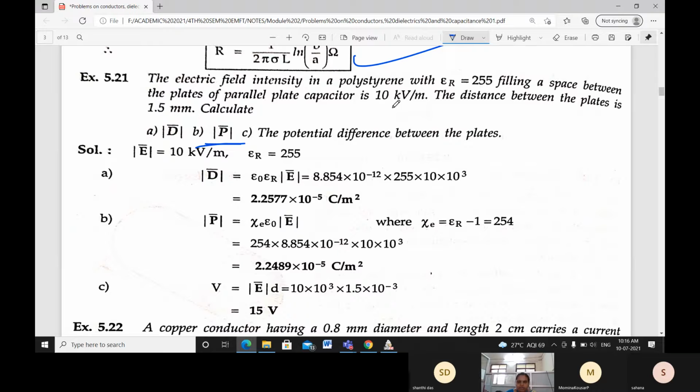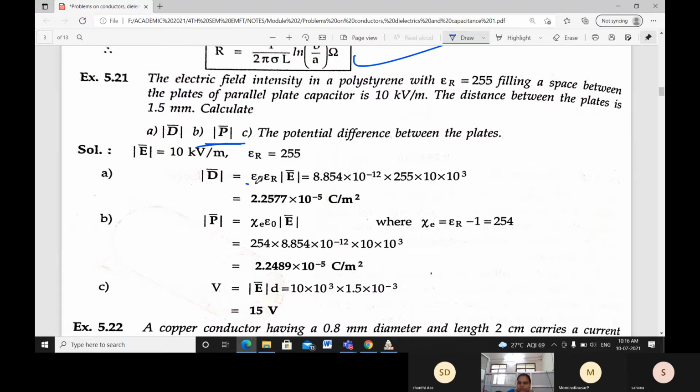Therefore, what are the given parameters in this case? They gave the electric field intensity. Flux density is easy to find. Our D is going to be epsilon naught epsilon into E, but here it is in a medium, so epsilon naught into epsilon R into E. They already gave the magnitude of E, here it is 10 into 10 raised to 3 kilovolts per meter.